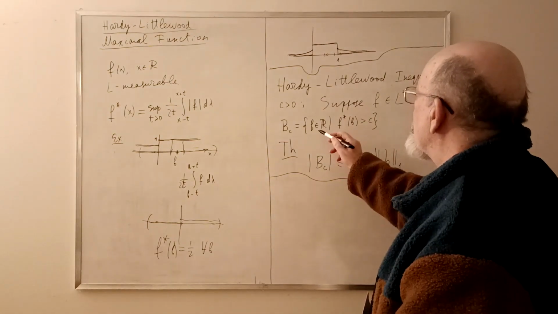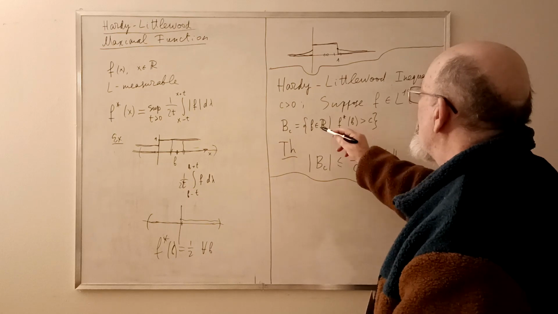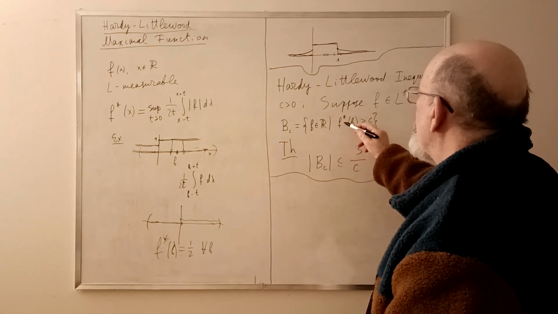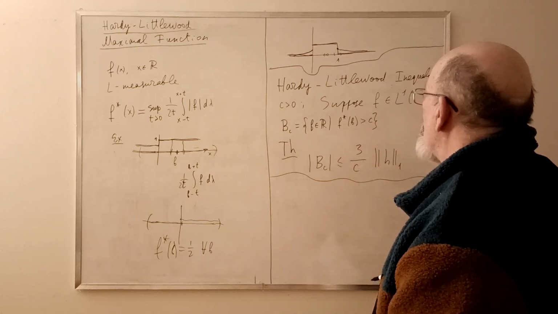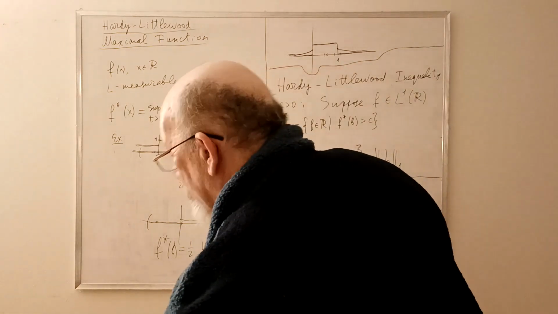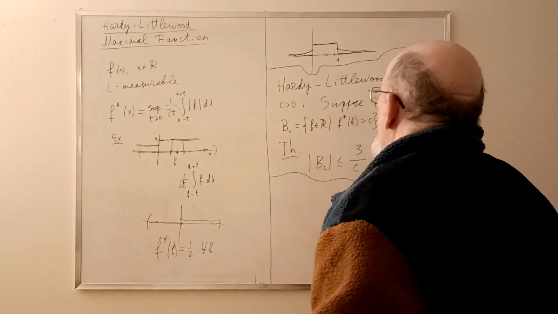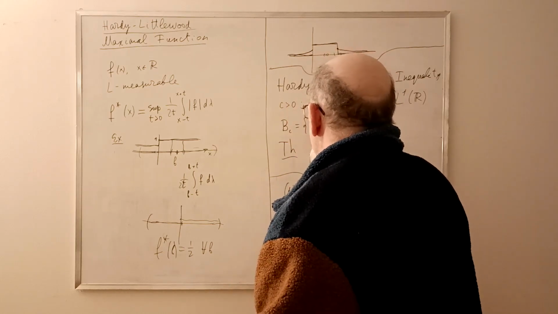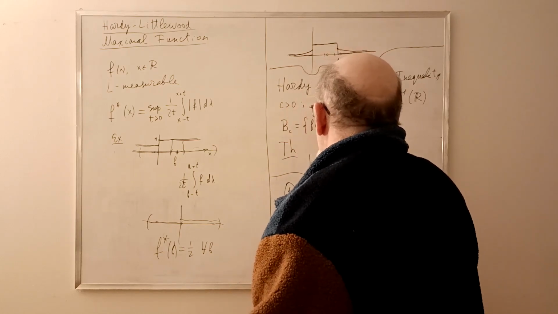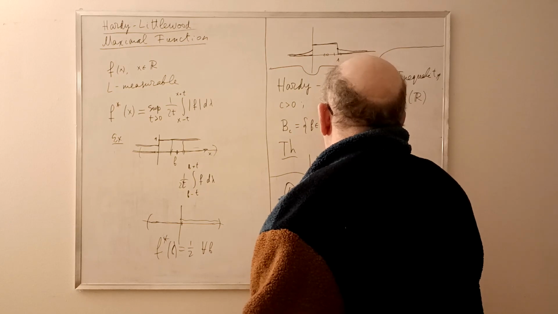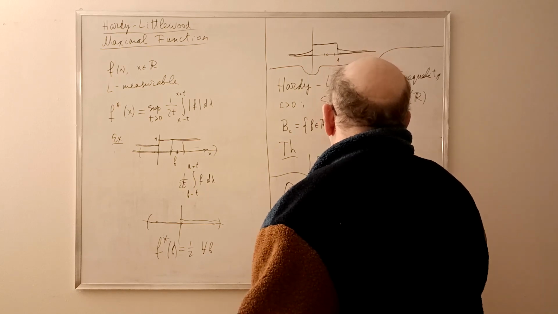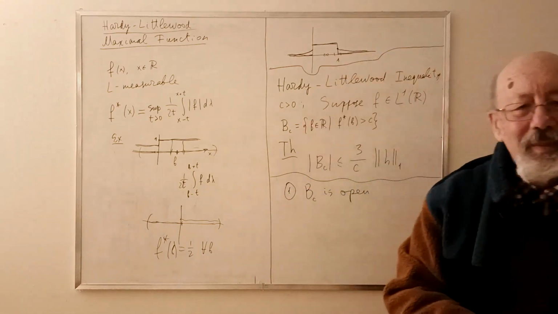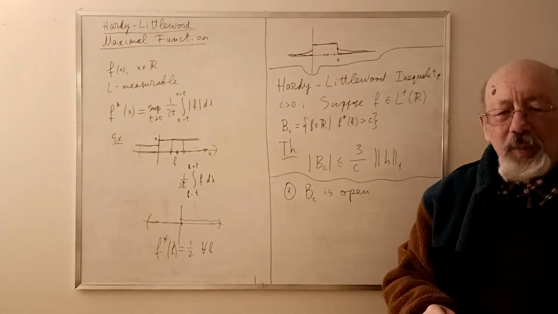So B_c is the set of points such that f star of x is more than c. The first thing is the following: B_c is open. It's an open set.